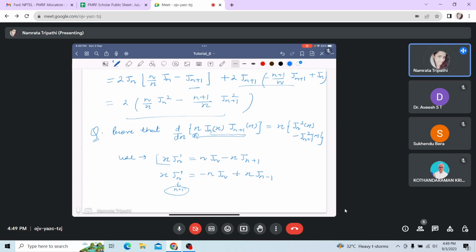Okay, I'm going to differentiate the above expression, then you will get, is it okay? This is the differentiation of this term.